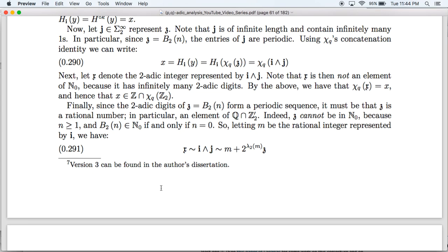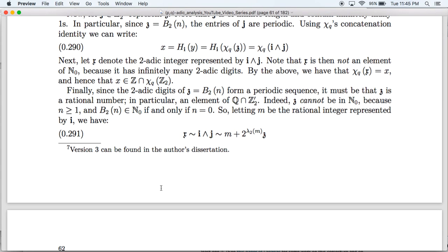The rational two-adic integers are precisely those two-adic integers whose sequences of digits are either periodic or eventually periodic. So Z is not in N0 and is in Q. It's not in N0 because it has infinitely many digits, and it's in Q because its digits are eventually periodic. Thus, Z is in Q intersect Z2 prime.